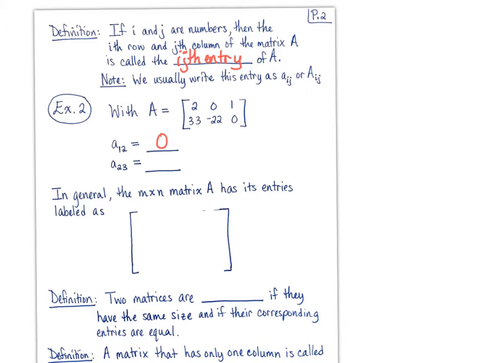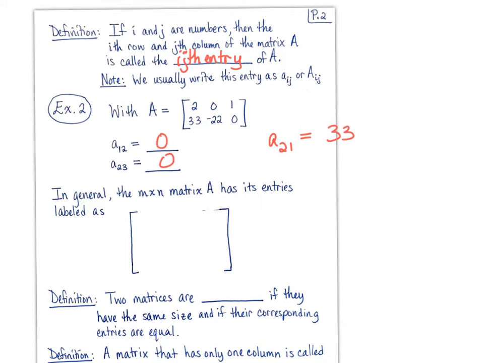First row, second column. Good, so it's this 0 here. What's A 2,3? 0. And what's A 2,1? 33. So it just tells you where to go in the matrix and helps you navigate.